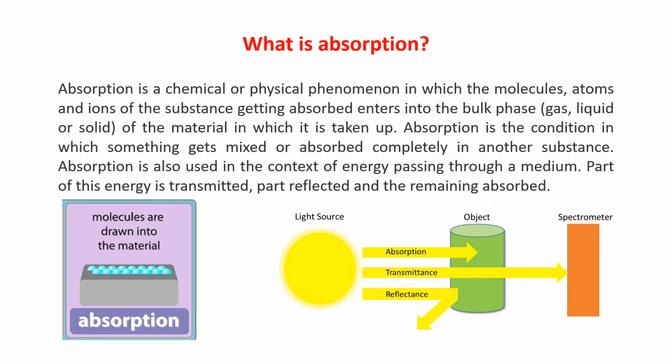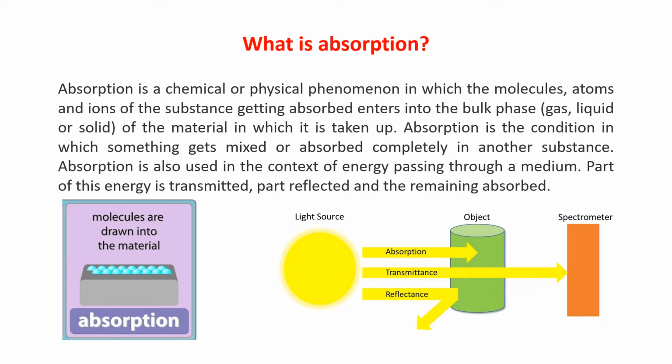That means it is fully entering. Absorption is a condition in which something gets mixed or absorbed completely in another substance. It is not remaining on the surface only. It is going inside the material.